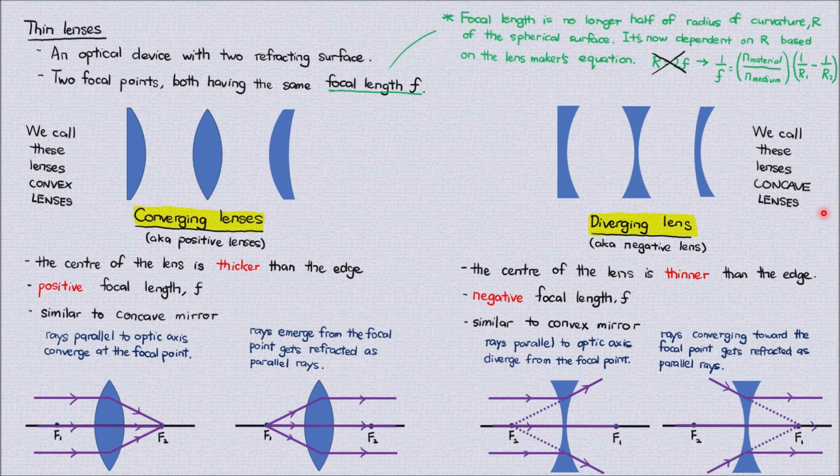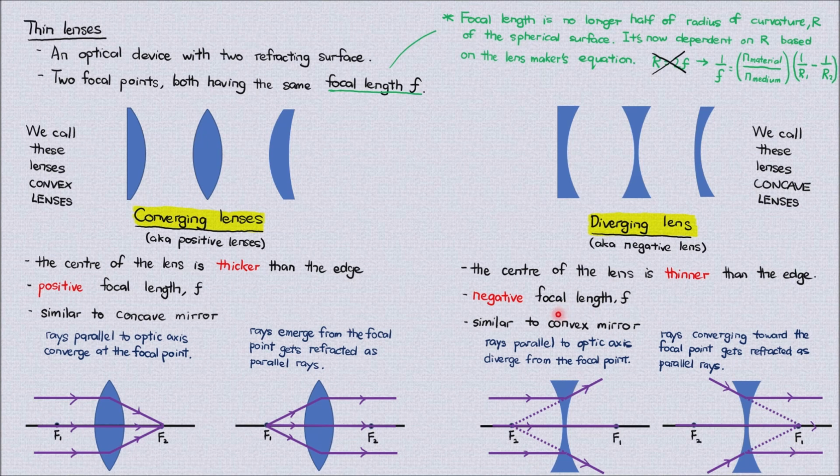Okay, the image formed by concave lenses, if you compare it, will be quite similar to the image produced by a convex mirror. It means if I put an object near the concave lens here, then I vary the distance of the object from the lens, the characteristics of the image formed will be quite similar to the characteristics of the image formed by a convex mirror.